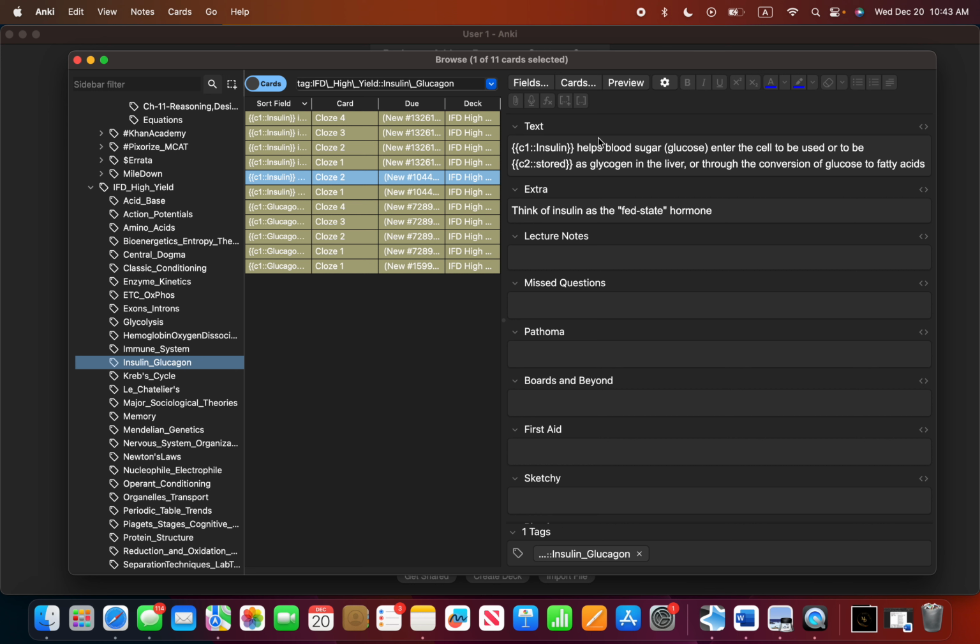Insulin helps blood sugar, glucose, enter the cell to be used or to be stored as glycogen in the liver or through the conversion of glucose to fatty acids.